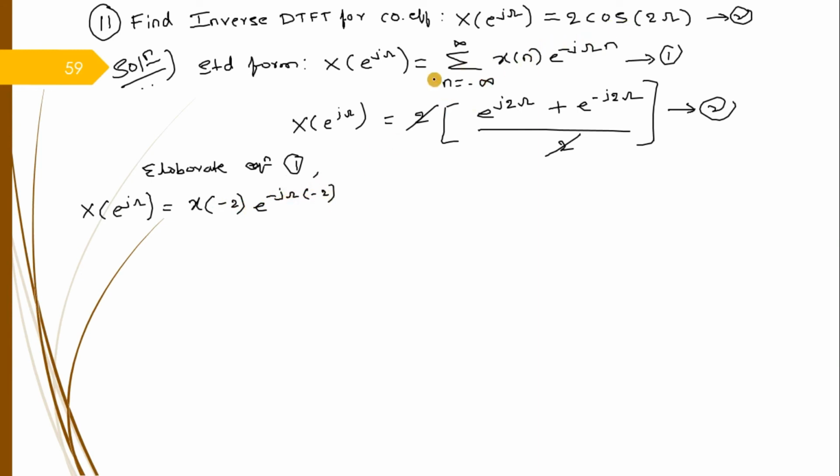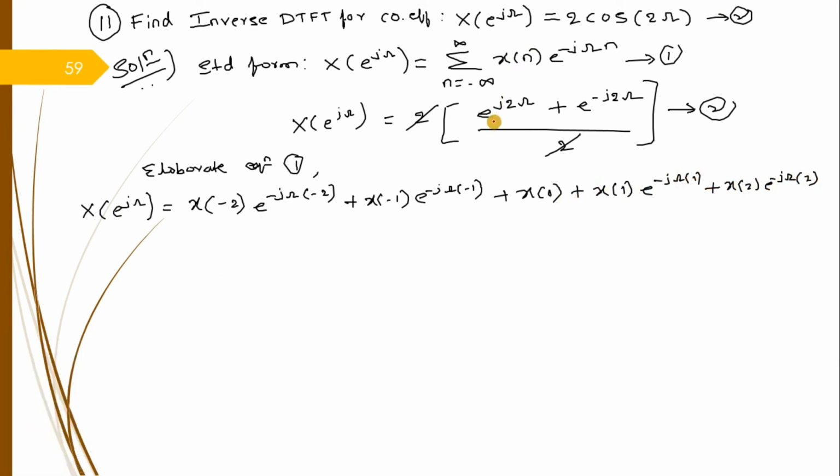Whenever you have a trigonometric function, use this inspection method. Plus x of 0, and e raised to 0 will result in 1, plus x of 1, e raised to minus j omega 1, plus x of 2, e raised to minus j omega 2.